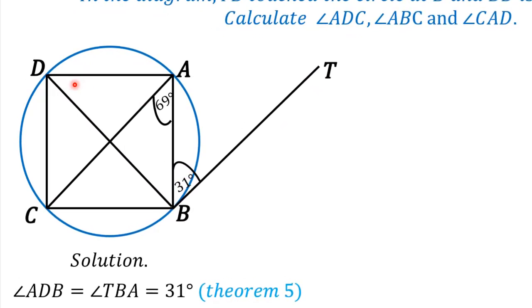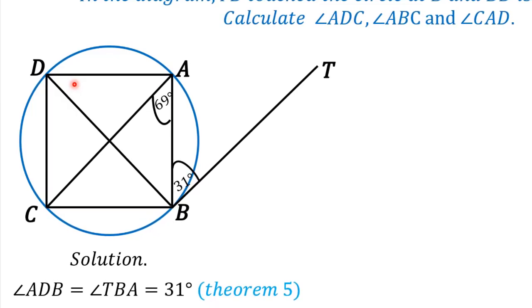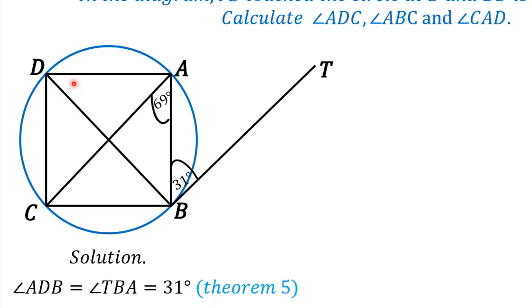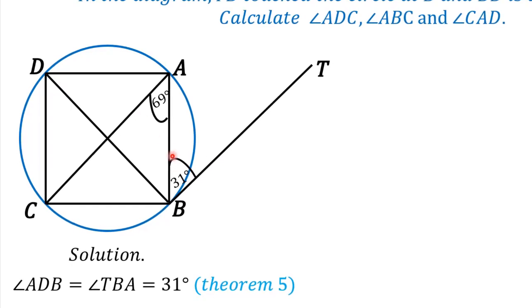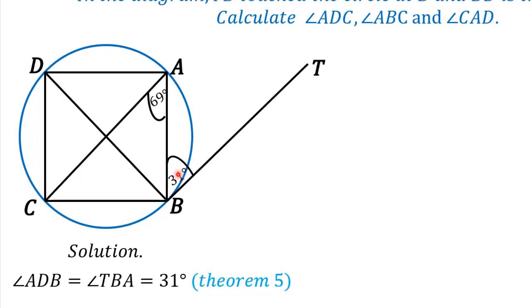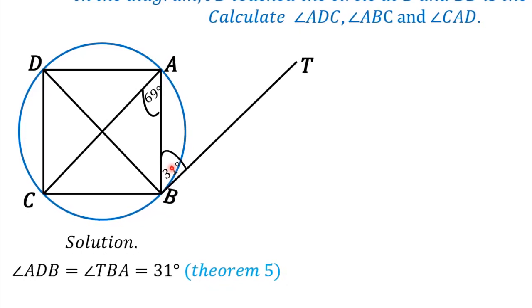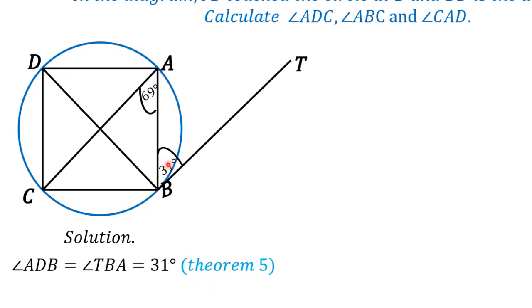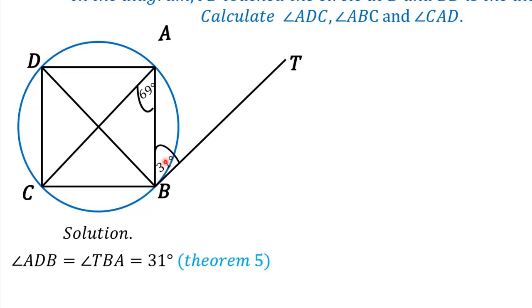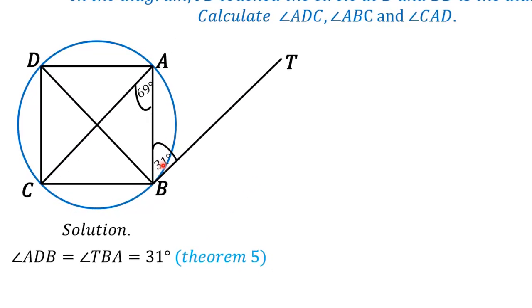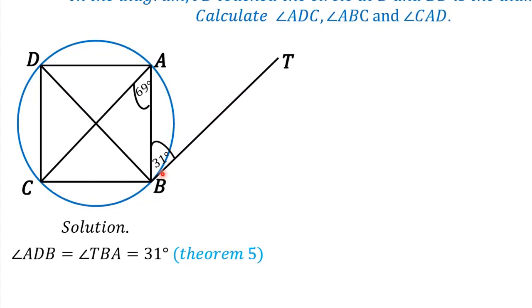That's what we are saying because we learned from the alternate segment theorem that the angle here is the same as the angle here. CBA. That's what we said: this angle is the same as the angle here, which is 30 degrees.